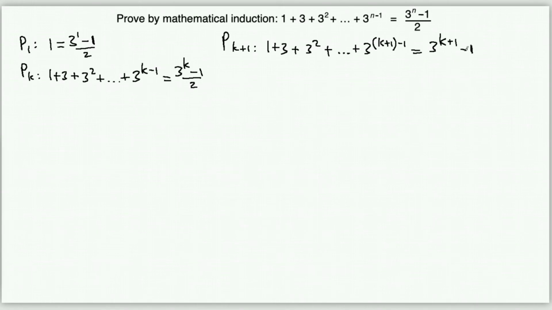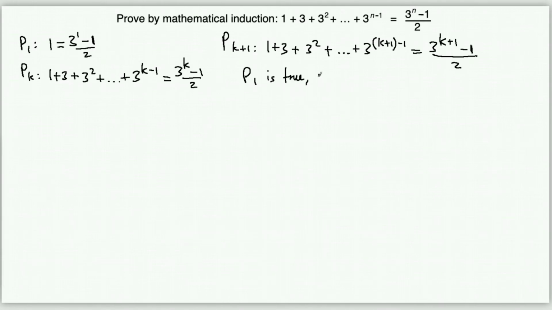Make sure that you don't write it as a power because it's not a power. The power is up there. Be clear when you write your digits because sometimes it may look like k plus 1 minus 1 is in the power. Minus 1 is not the power here. K plus 1 is.